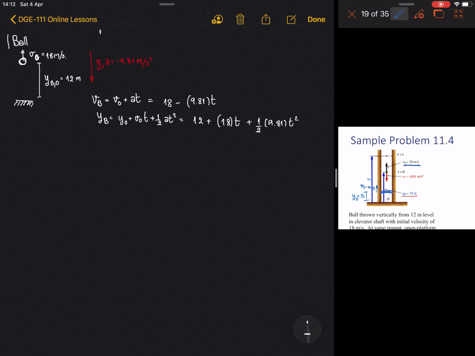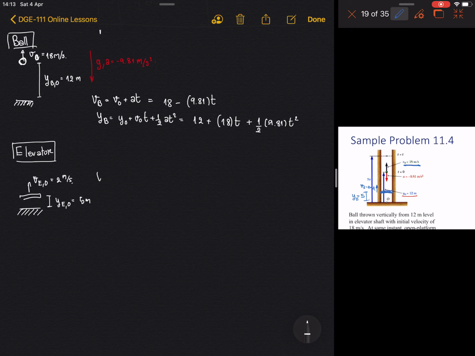And this is for the elevator. We know the elevator starts a little bit lower, so y elevator 0 is equal to 5 meters, and v elevator 0 is equal to 2 meters per second.